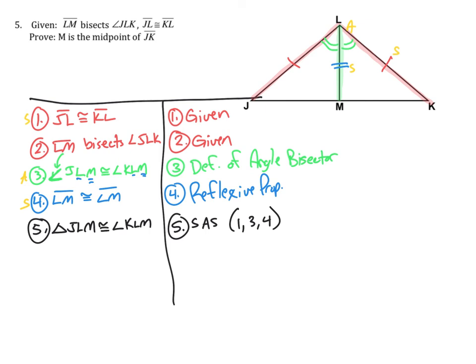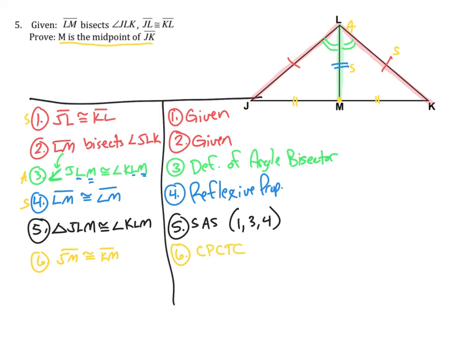Now, the thing I need to prove is that M is the midpoint of JK. So if M is the midpoint, I need to get congruent segments there and there. Well, I can say that in step 6, I'm going to say that JM is congruent to KM, because corresponding parts of congruent triangles are congruent.